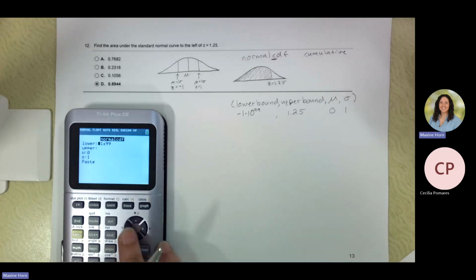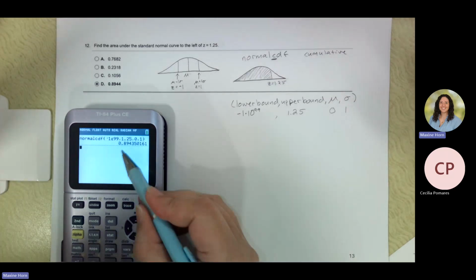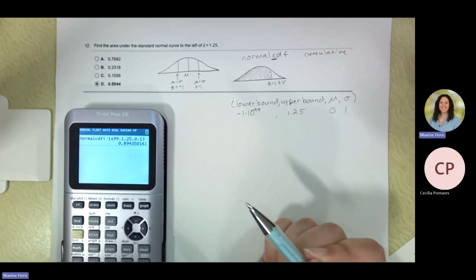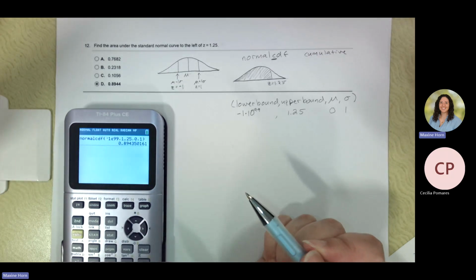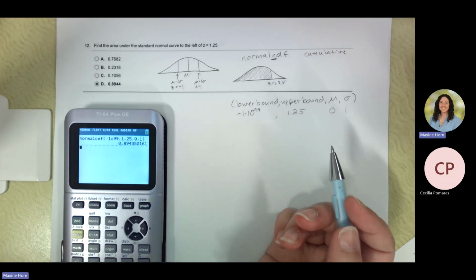So lower bound, upper bound, and like I said before, we leave our mean as 0 and our standard deviation as 1 because we are dealing with z-scores here. What it gives us is 0.8944 if we round. It's always a good idea, when you get your answer, to stop and make sure that it actually makes sense.